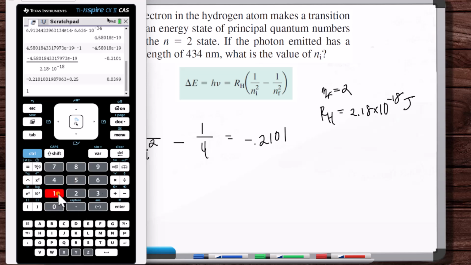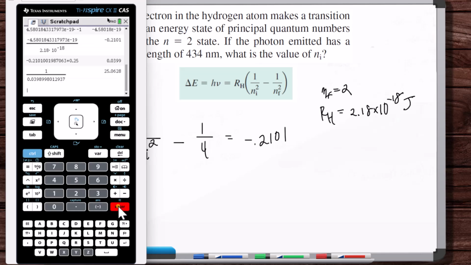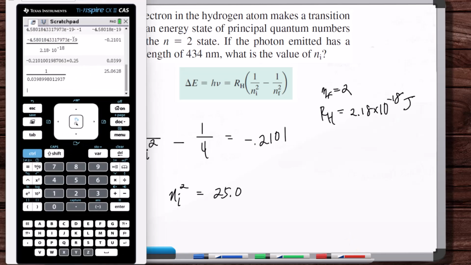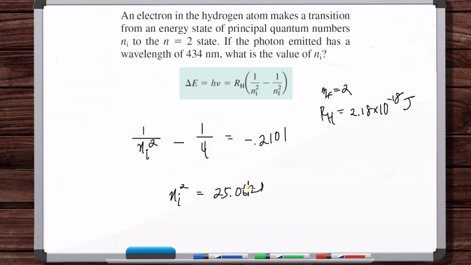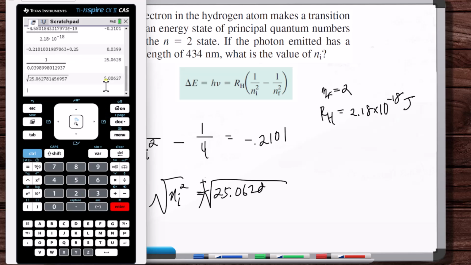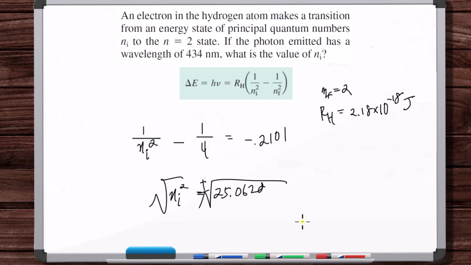Now let's take the reciprocal, and that is n_i squared. So n_i squared is equal to 25.0628. If we take the square root of both sides, put the plus or minus, we're only going to want to keep the plus because these are positive integers. So n_i is 5.